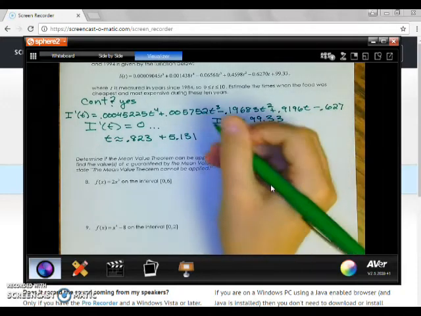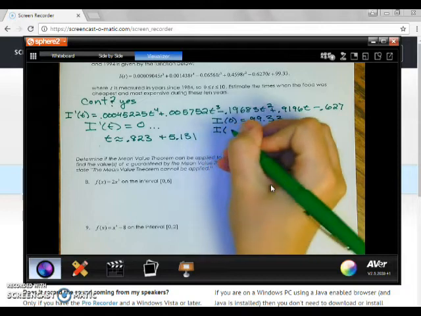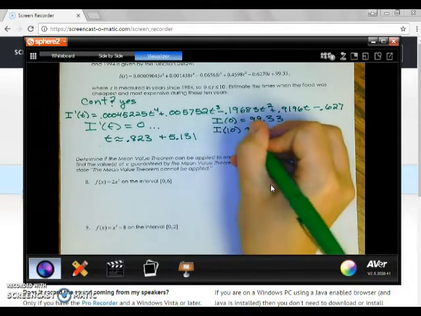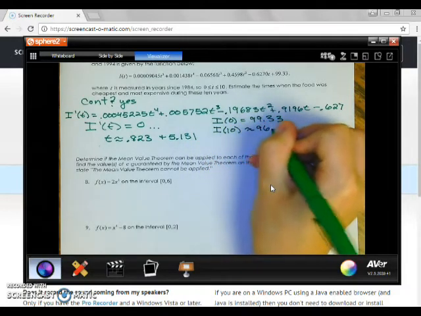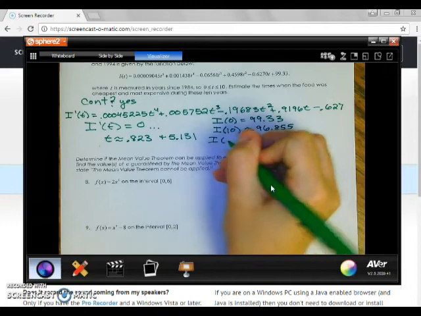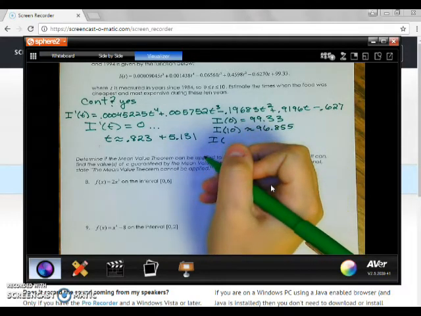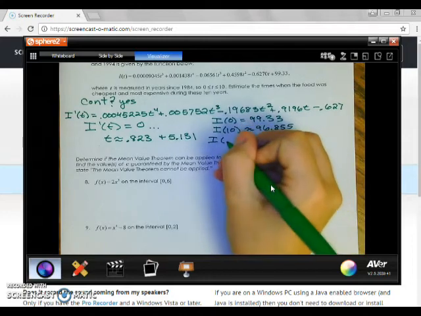I'm not going to spend the time to do that, but I will tell you that if you plugged in 10, you'd get 96.855, and then if you plugged in that, oh, did I lose a decimal? That 0.8 number.